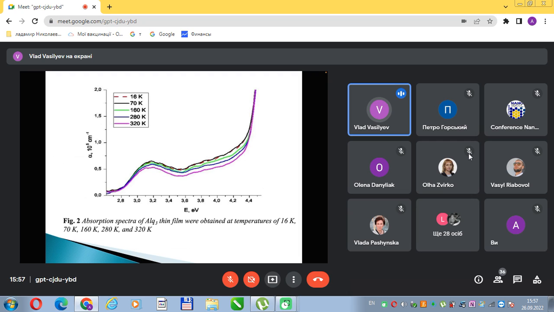The temperature evolution of the absorption spectra in our case correlates with the temperature evolution of the photo and electroluminescence spectra reported in research by other scientists.